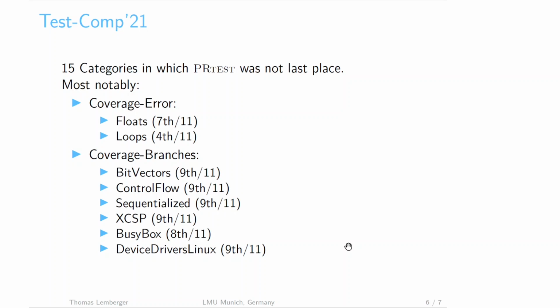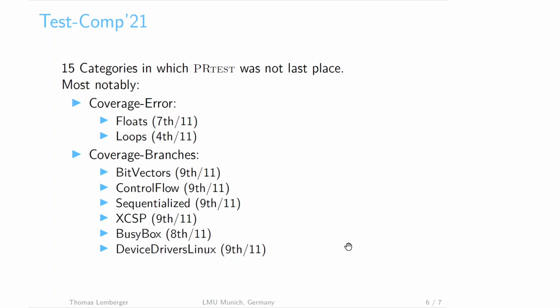So in the coverage error category, there are two subcategories where PRTest is not the last place. In floats, it's the 7th place, so there are 4 tools that are worse. And in loops, PRTest is the 4th place.